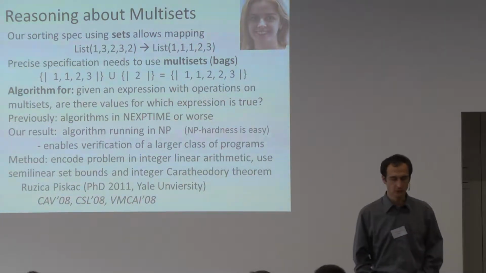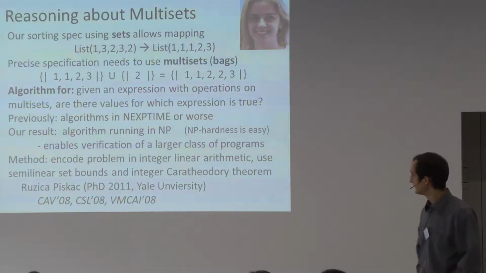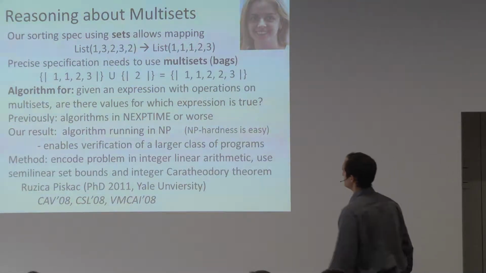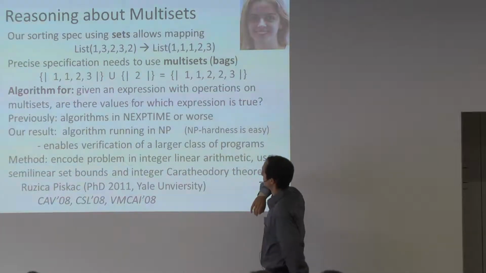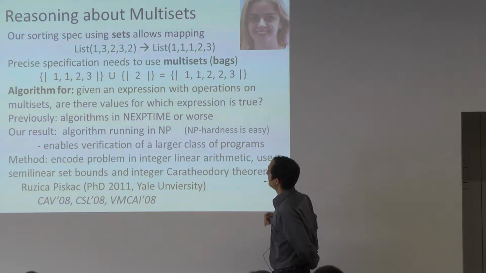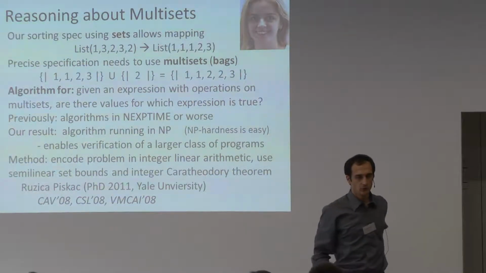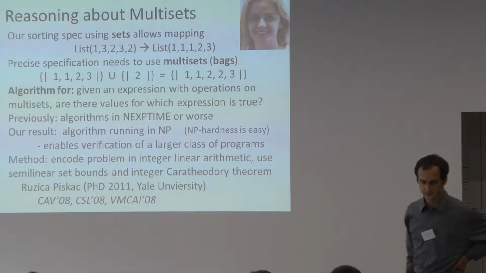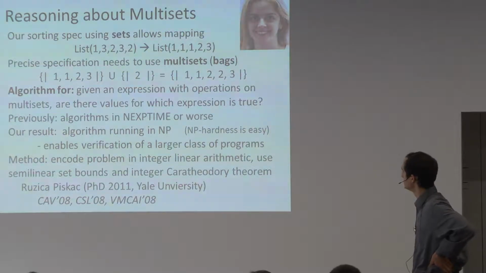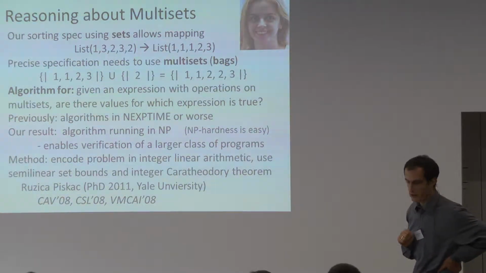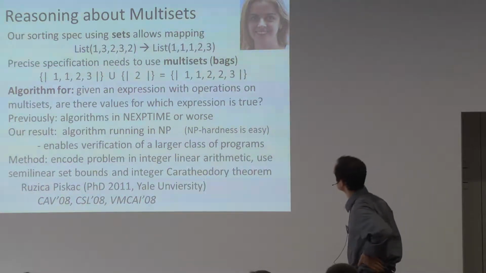So, for example, if you want to think about multisets instead of sets, so my specification previously used sets, then if you also allow cardinality constraints on multisets, then you basically have a very interesting class of constraints that you can still show to be decidable and in NP, but whose implementation is challenging.